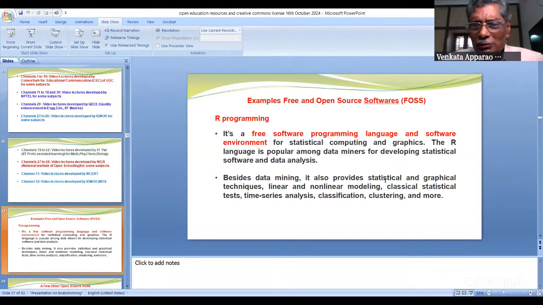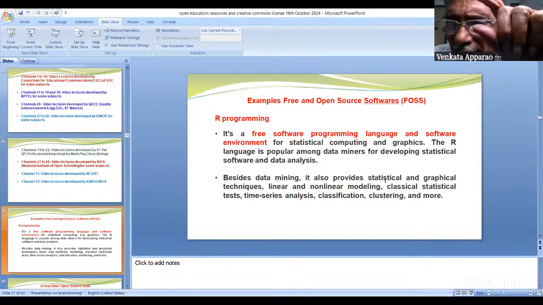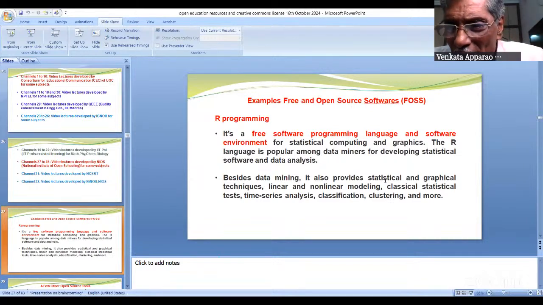Examples. Now, after discussing the OERs available in India, I shall present before you certain examples of free and open source software. Commercial software is very expensive, sir.